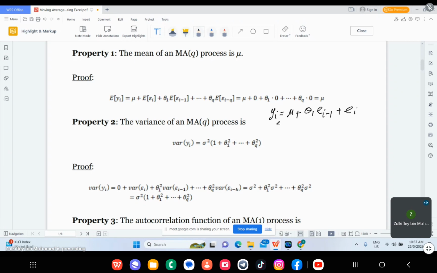So the variance of this one is the variance of YI.